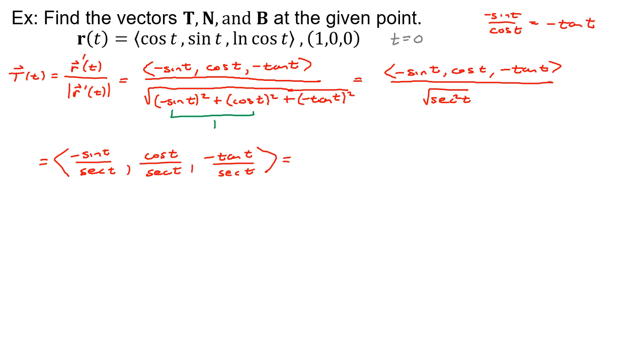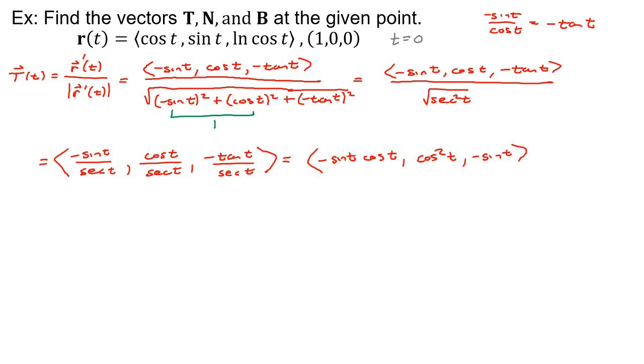Secant is 1 over cosine, so if I flip that over, I actually get negative sine times cosine on the first one. I'll get just cosine squared on the second one. And then flipping that over, you'll get tangent times cosine, which is sine. So that's my generic version here, which looks a little bit nicer.